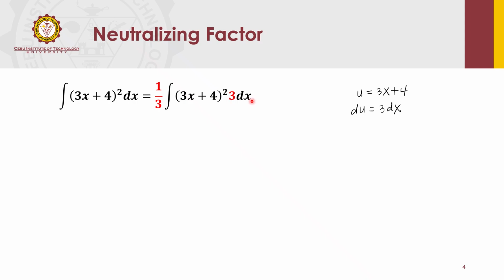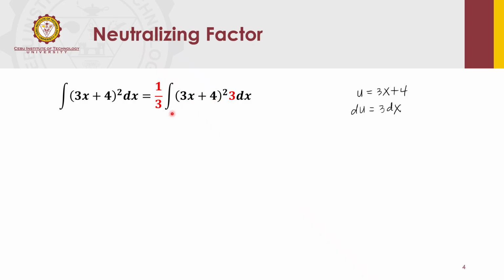And since we are multiplying this by 3, make sure to neutralize it by multiplying also the integrand by the reciprocal of this factor here, so that there will be no changes in the value of the integrand. It's still equal to the square of 3x + 4.